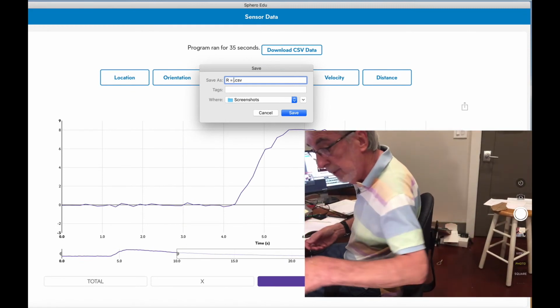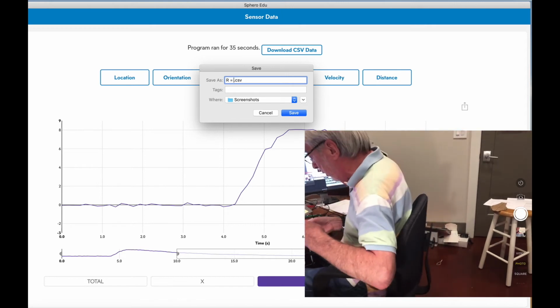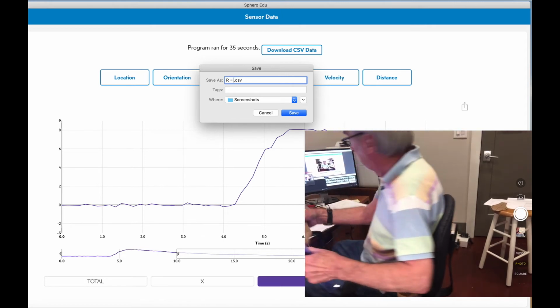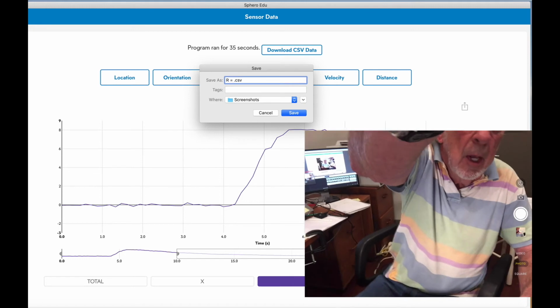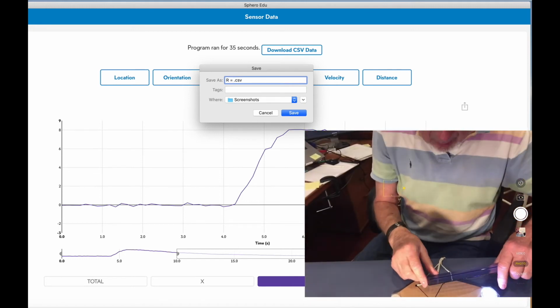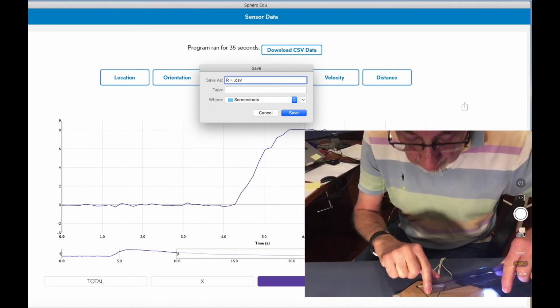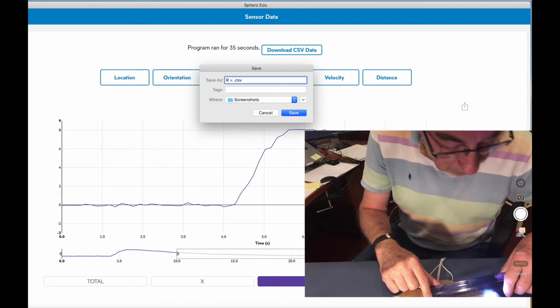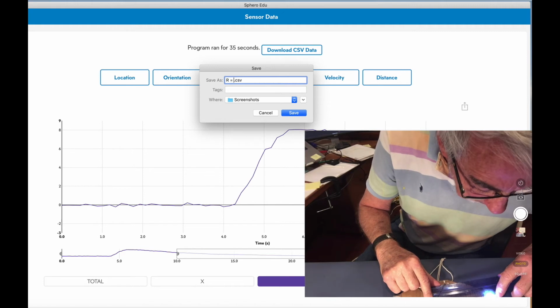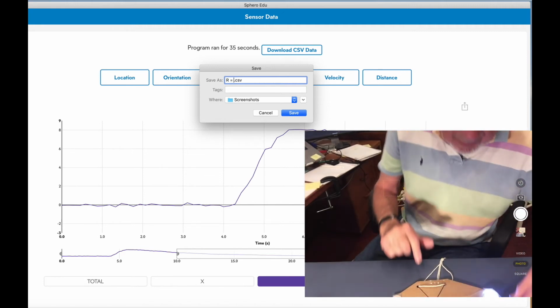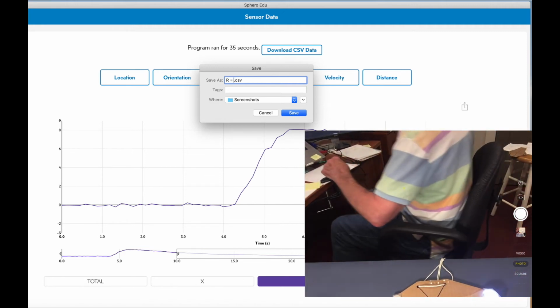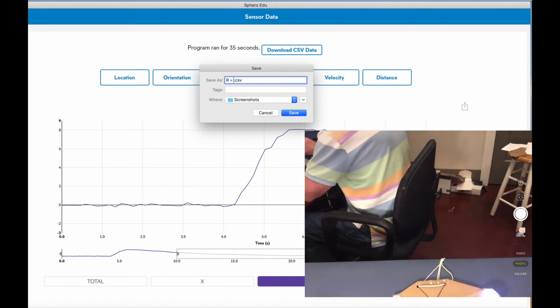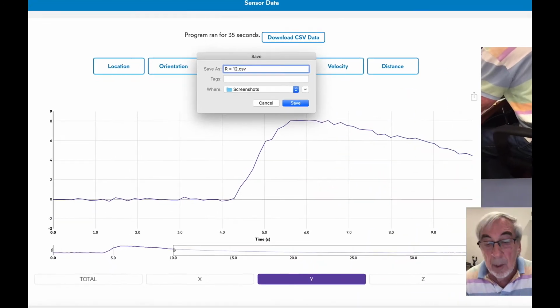I'm going to measure the distance from the center of the axis to the rotation point. The center of that from the axis of rotation is, put the zero, remember, careful, this ruler has a zero offset. From there to the accelerometer chip is about 12.7 centimeters. So I'm going to call this file R equals 12.7.